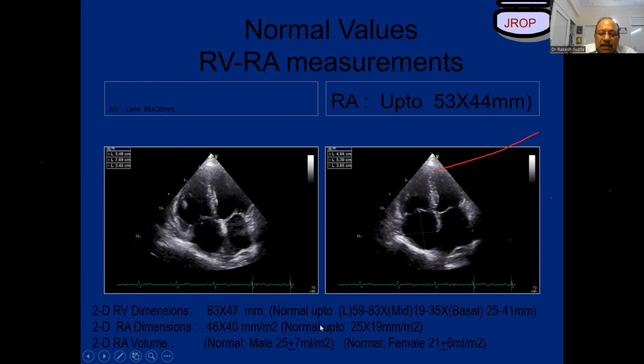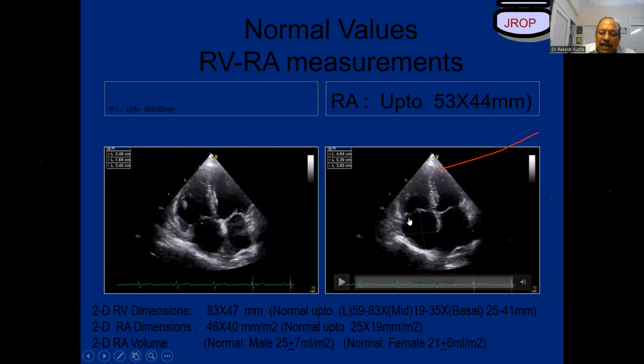Mid segment length is 59 to 83, mid segment 19 to 35, and the basal segment is 25 to 41. RA dimensions, long axis dimensions is 46 into 40, which is measured over here, but maximum is 25 into 19 millimeter per meter body surface area.